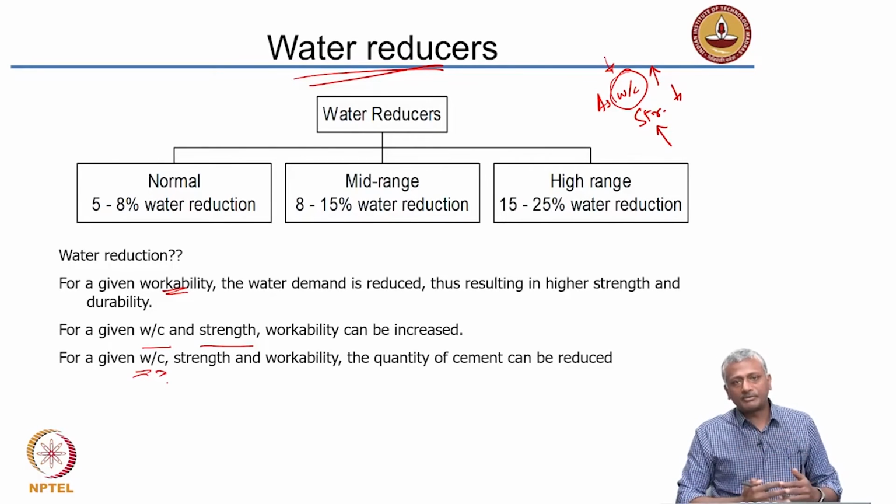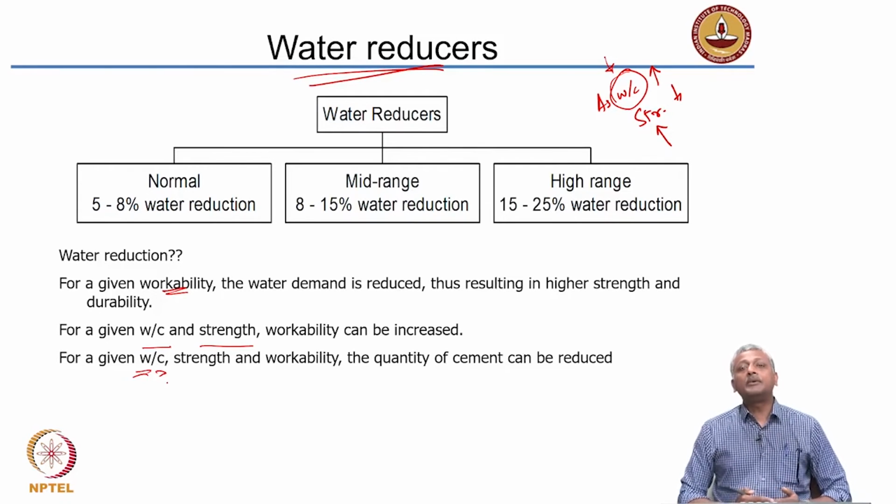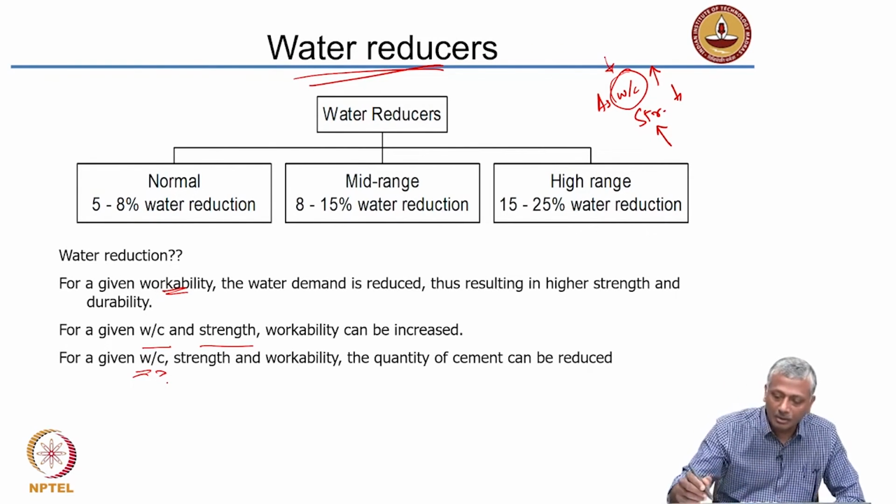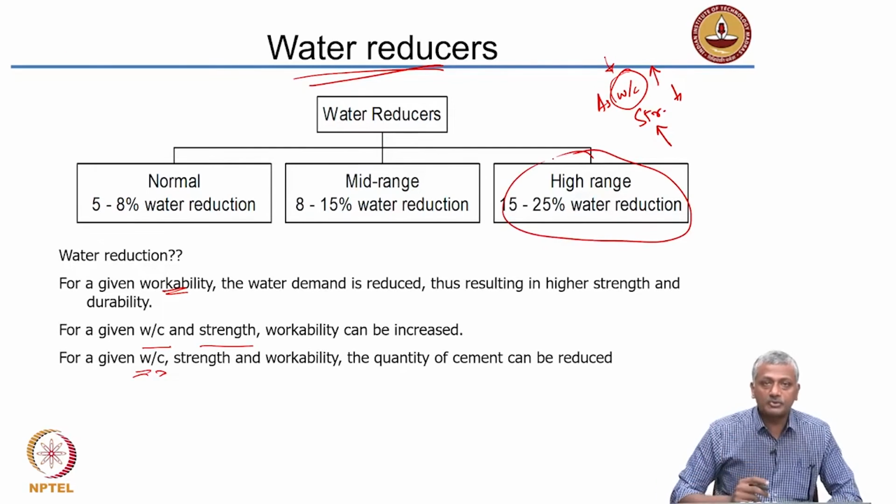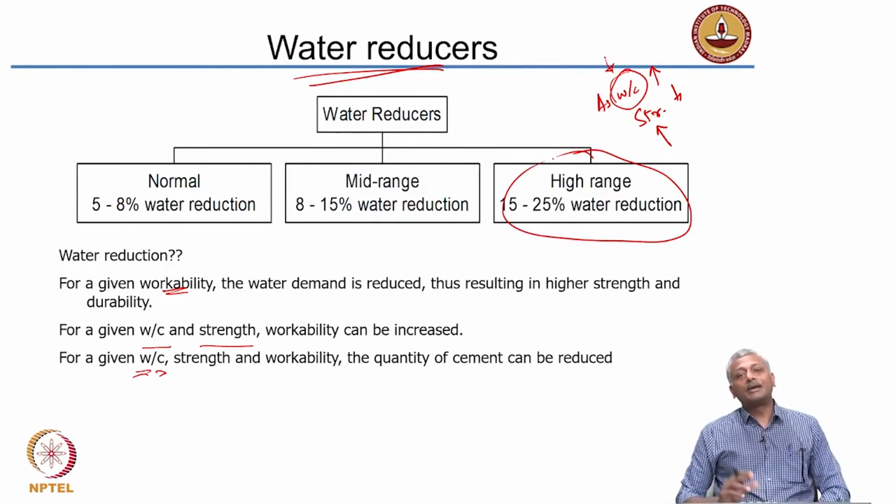So, when you reduce the amount of cement in concrete, you are reducing the overall carbon footprint of the concrete, and that is where you get benefits from using super plasticizers or water reducers. These are called high range water reducers, which can really bring down the cement content required to attain a specific type of concrete.